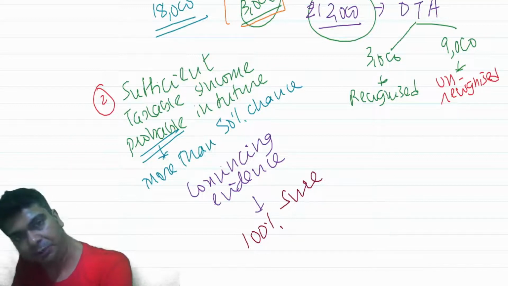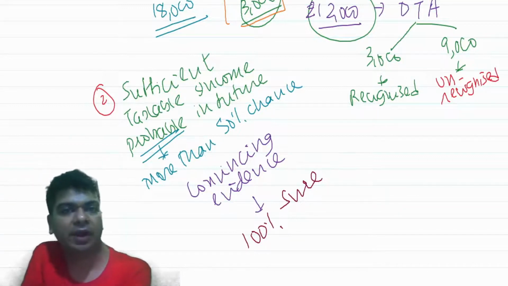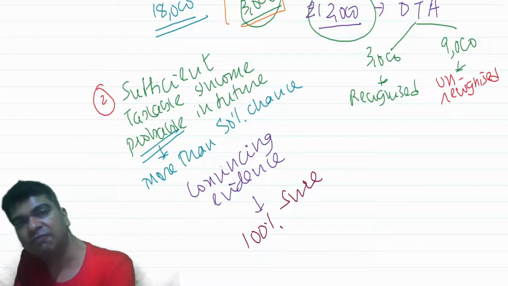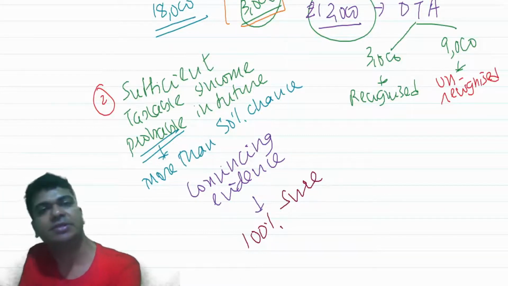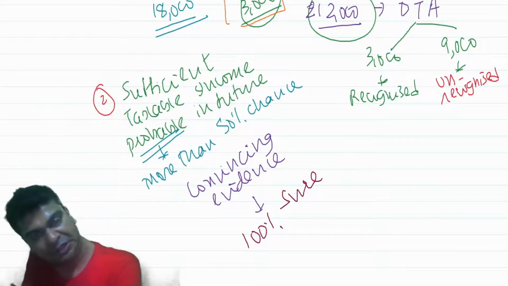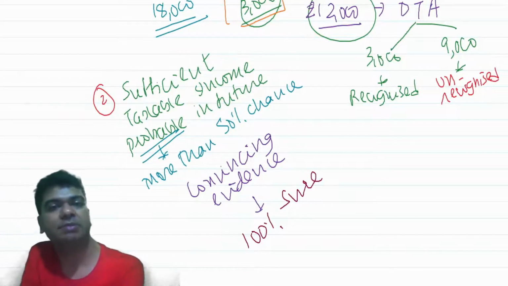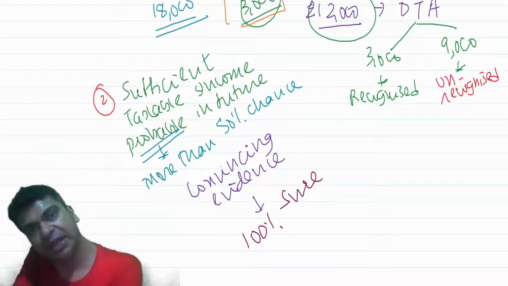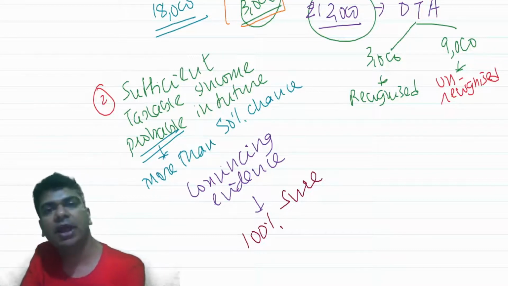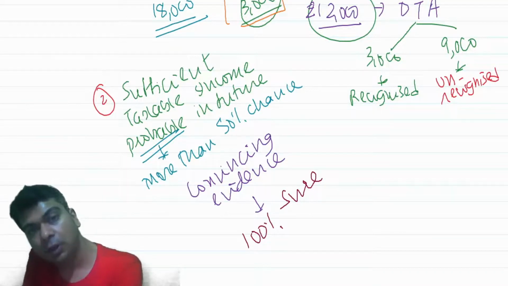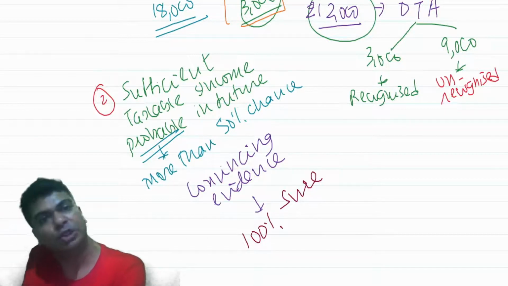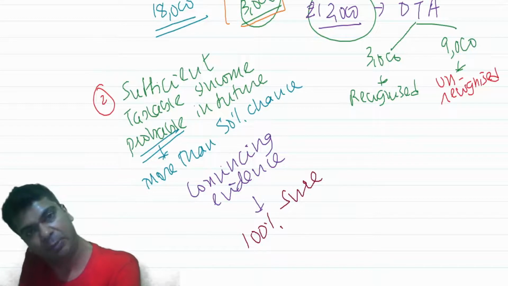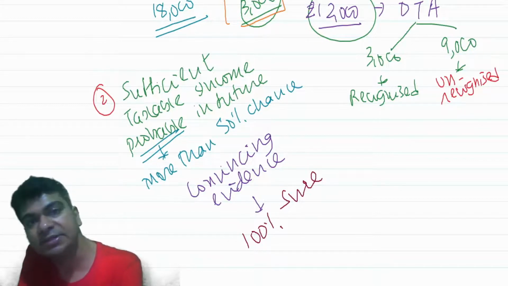Again, I am repeating it. When you are recognizing the deferred tax asset, we are first checking for sufficient taxable temporary difference. Let us say that taxable temporary difference is insufficient. Now we will ask a simple question: in the next assessment year, will there be taxable profit? If you are more than 50% sure that yes, there will be sufficient taxable profit, please go ahead and recognize the deferred tax asset.